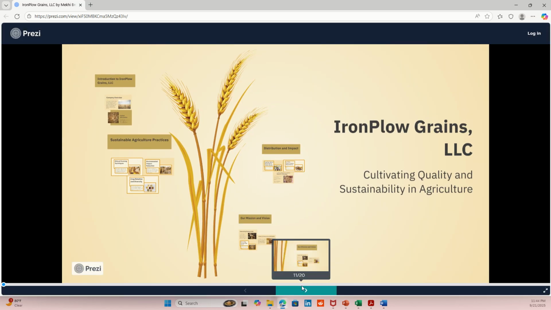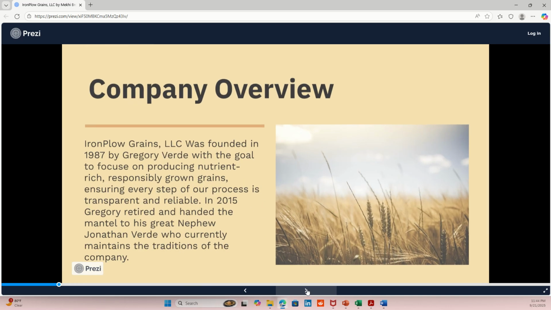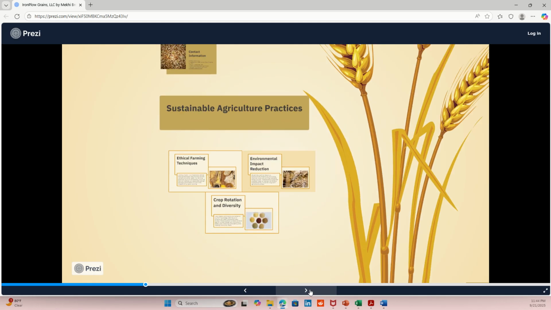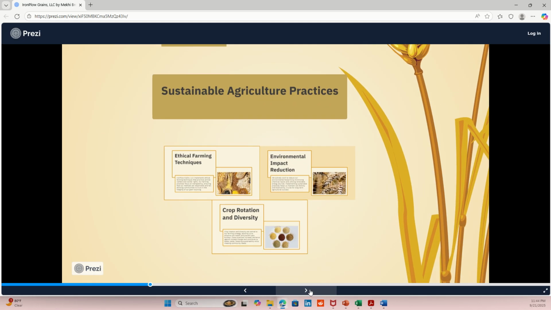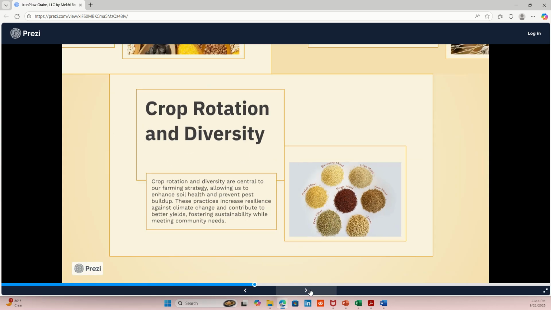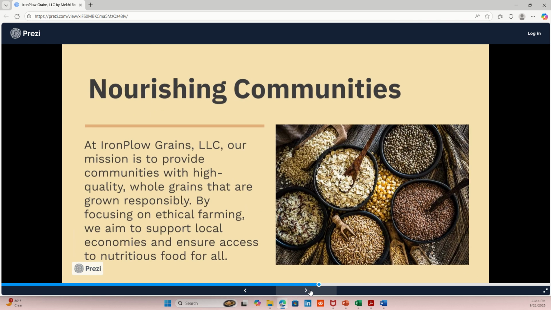So this is Iron Plow Grains' website. They have their company overview, when they were founded, who founded them, contact information, headquarters, sustainable agriculture practices, ethical farming techniques, environmental impact reduction, crop rotation diversity. Here we go, our mission, nourishing communities: to provide communities with high quality whole grains that are grown responsibly.